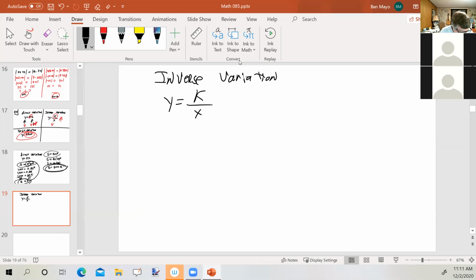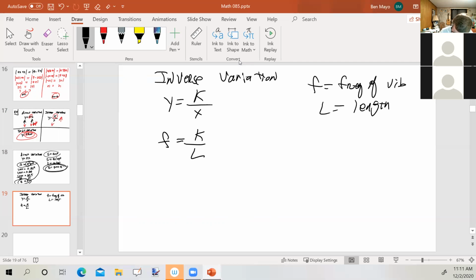We'll say the frequency of vibration is F, and L is going to be the length of the pipe. So the frequency varies inversely to the length of the pipe.